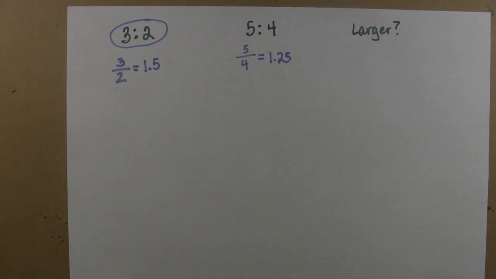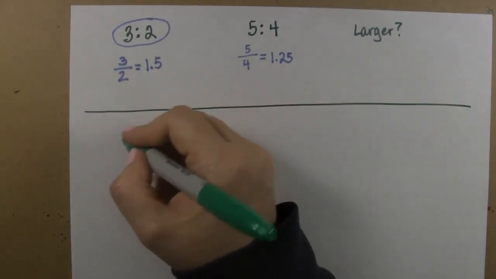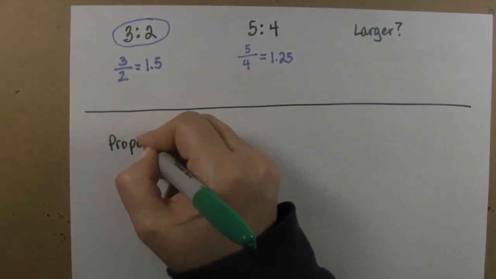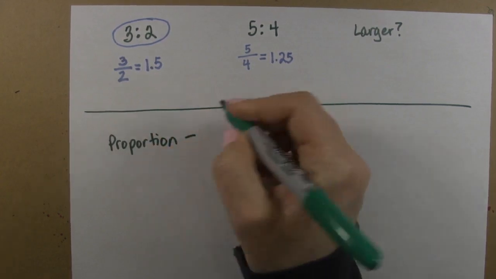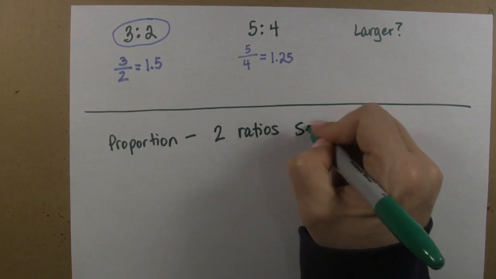Okay, now your next question is, what is a proportion? Proportion. And that is two ratios set equal to each other.